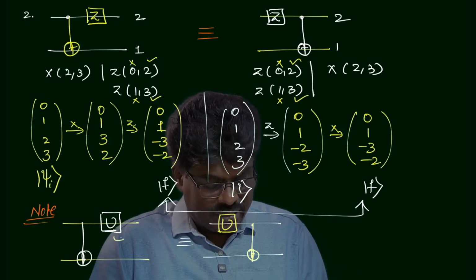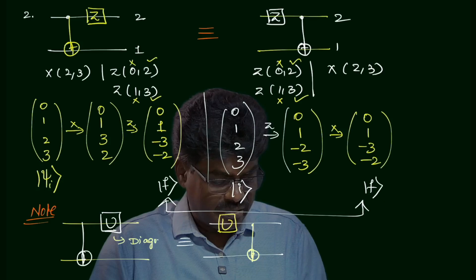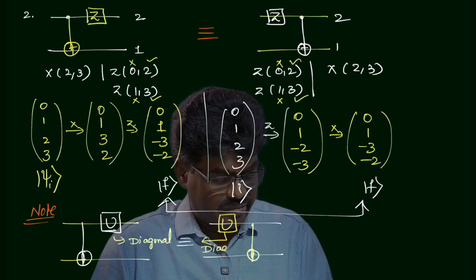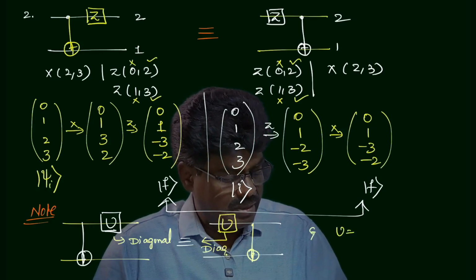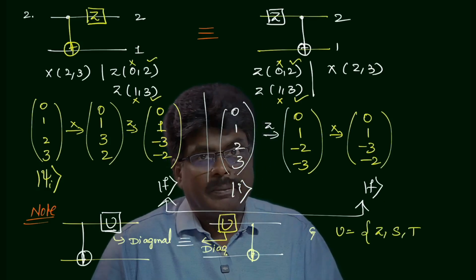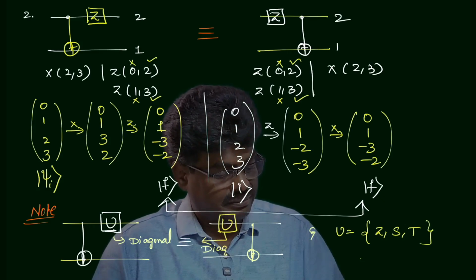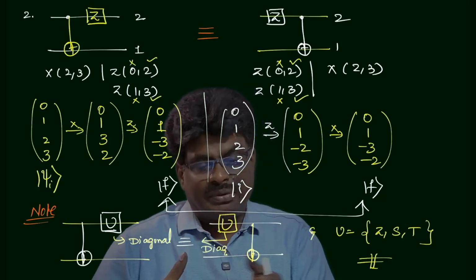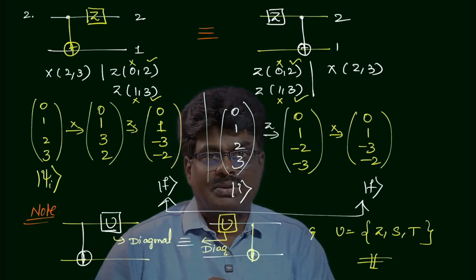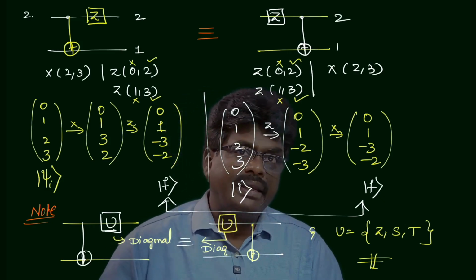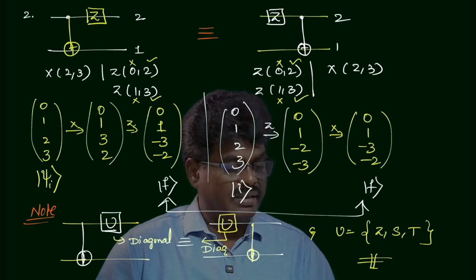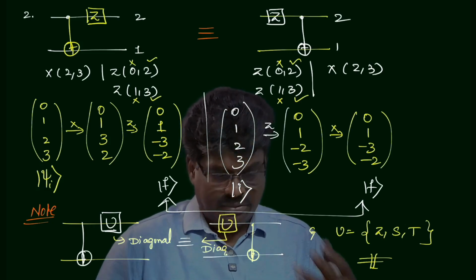But remember, this U is a diagonal. Examples, U may be Z, S, T, that's it. Okay, so identity no need to check, because if you take identity, both are the same circuits only. So this is valid for any diagonal operator or any diagonal matrix. For example, here we have Z, S, and T. Okay, we'll go to the next one.